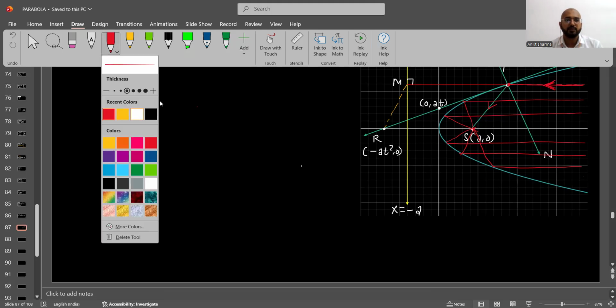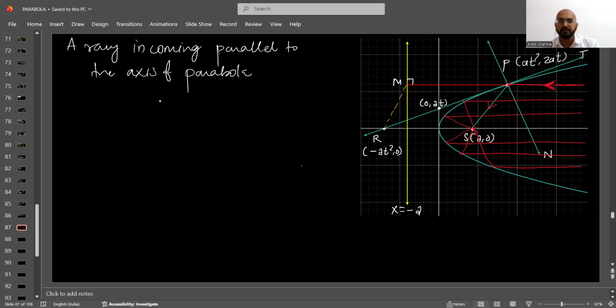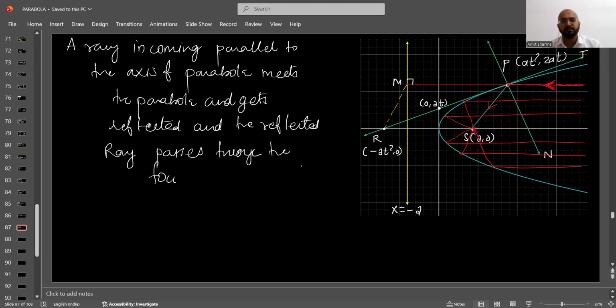So we can now write down this property. A ray incoming parallel to the axis of the parabola meets the parabola and gets reflected, and the reflected ray passes through the focus of the parabola.